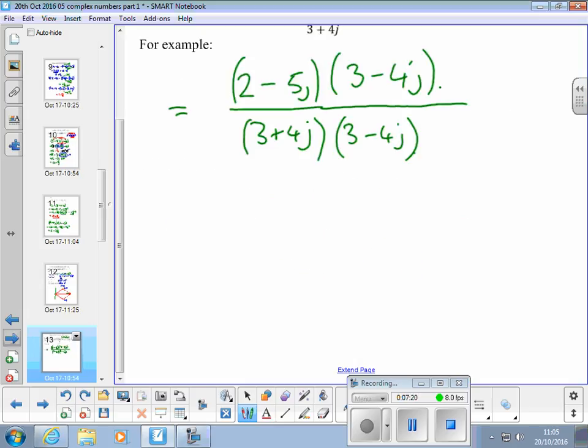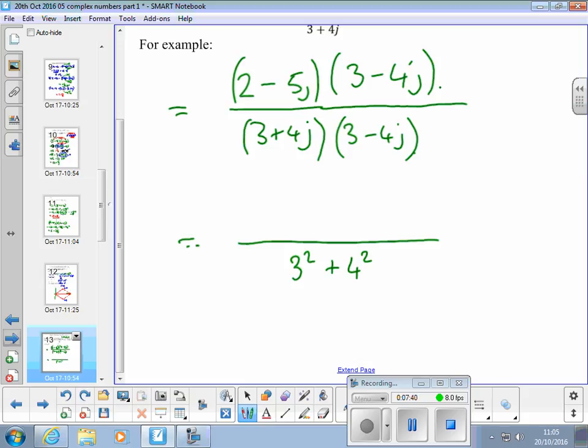The answer to the bottom half, let's write it out though, is 3 squared plus 4 squared. We know that from what we've done on the previous page.